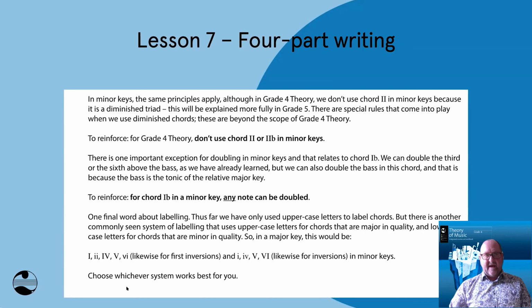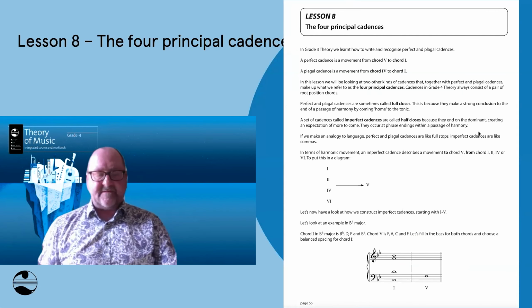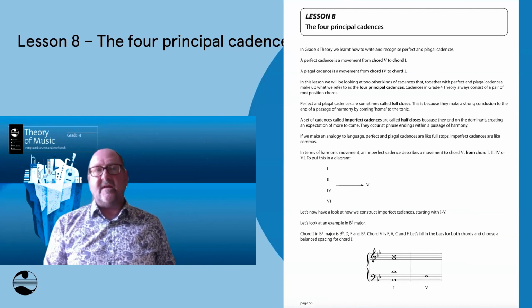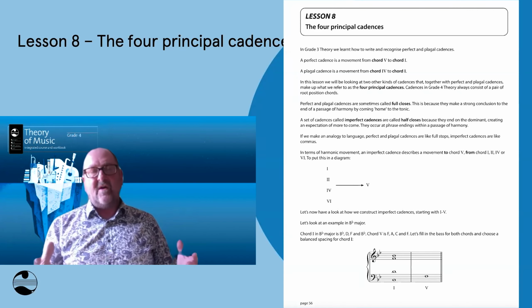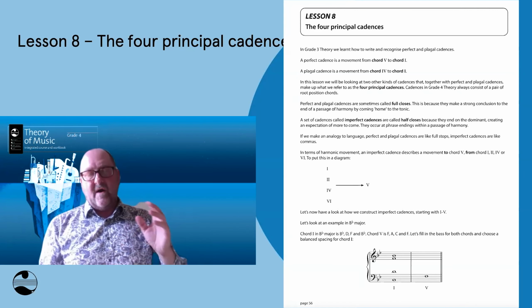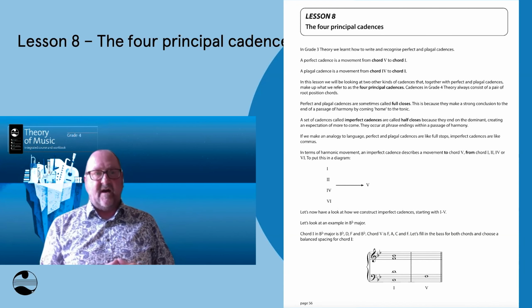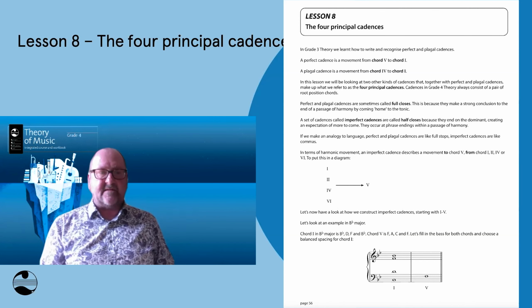So lesson 8 is on the 4 principal cadences. Up to this point, we've learnt plagal cadences and perfect cadences. We now need to add imperfect cadences and interrupted cadences. Imperfect cadences are 1 to 5, 2 to 5, 4 to 5, and 6 to 5. They all have their own system of voice leading, characteristic voice leading, things that you would expect to see.